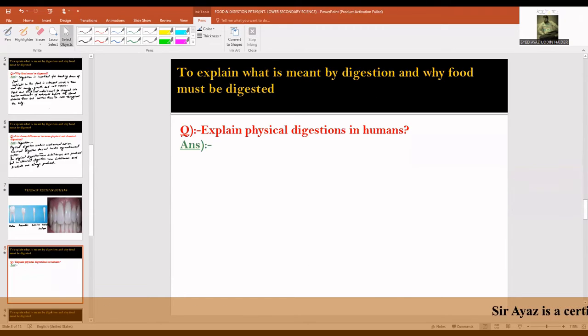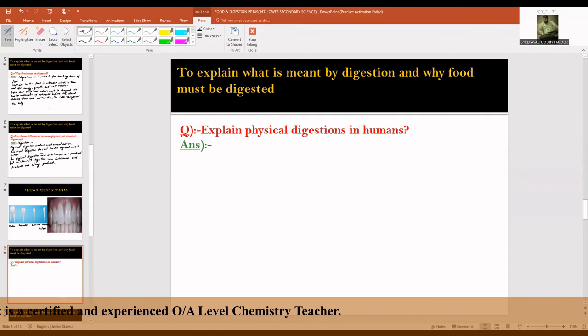Explain physical digestions in humans. In physical digestion, large pieces of food are broken down into smaller pieces.